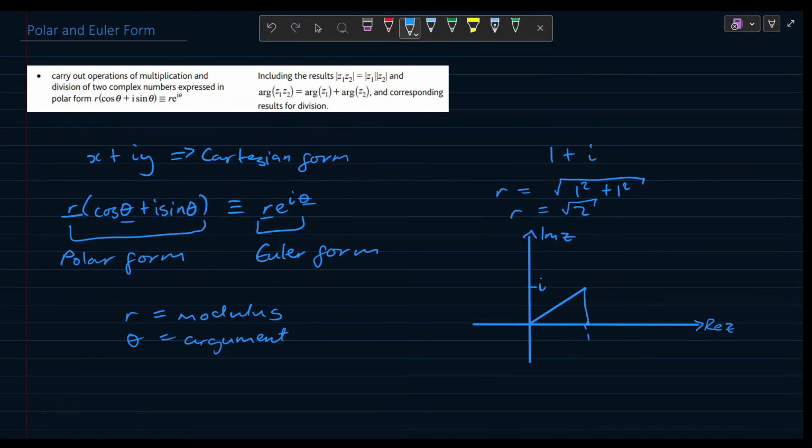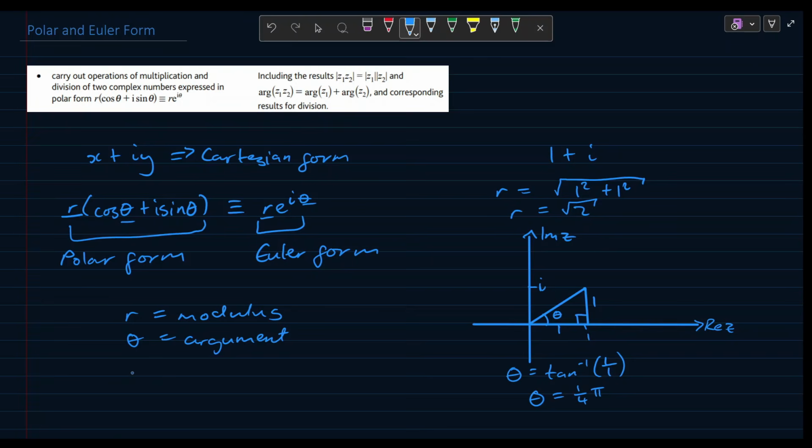Alright, so if we look at our right angle triangle, the distance traveled in the imaginary axis is 1 and the distance traveled in the real axis is also 1. So the argument theta is arctan of 1 over 1, because opposite over adjacent, and arctan of 1 over 1 gives us a quarter pi.